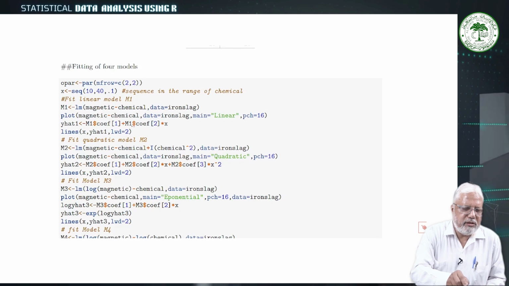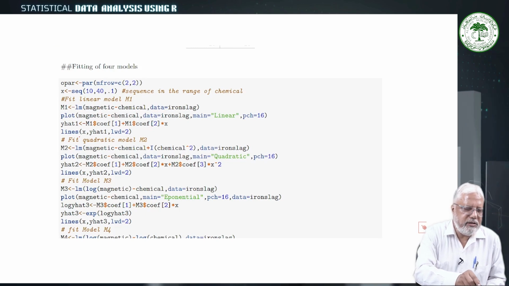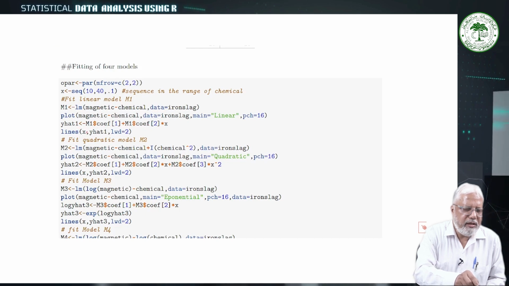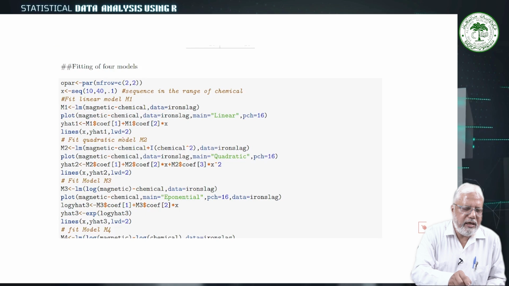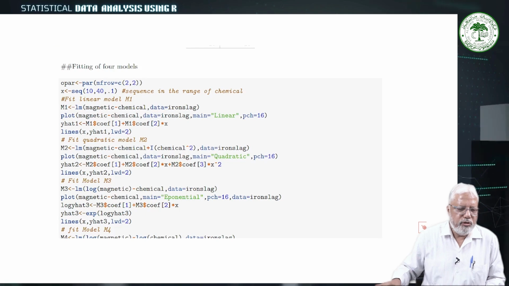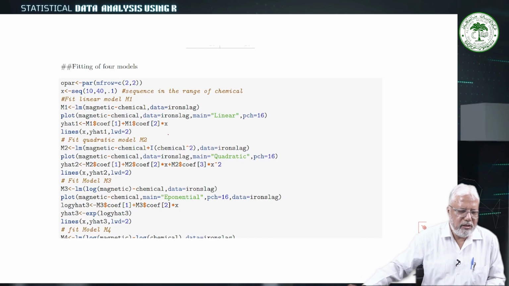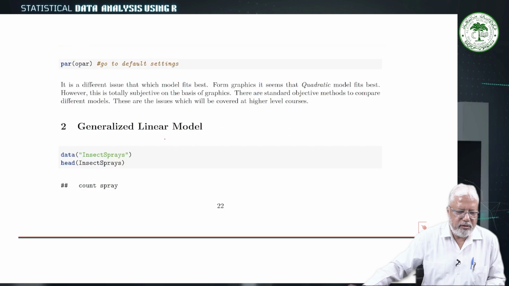Then lines will add a line on the same plot, x on the x-axis and y hat on the y-axis, with lwd equal to 2. So this will generate this plot.